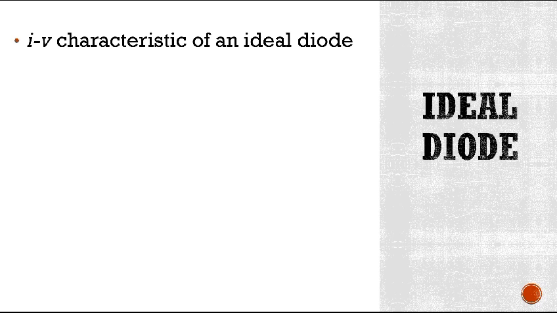Now we will look at the current voltage characteristic of an ideal diode. Now look at this graph.